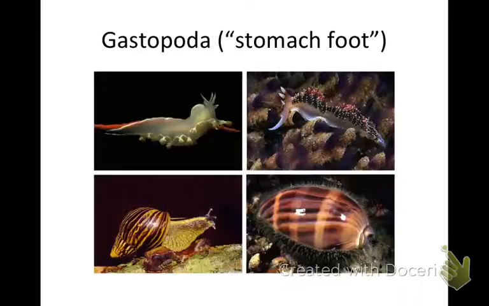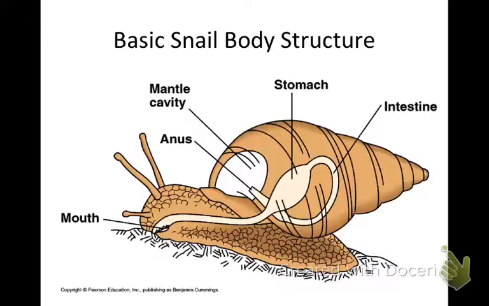And they have a head with eye stalks, which allow them to see a little bit better. And then most of them have a twisted shell, like in this picture, made of calcium carbonate. But remember, like I said, slugs do not have a shell on the outside. So, cute little snail. It's got that mantle cavity. It's got a mouth.